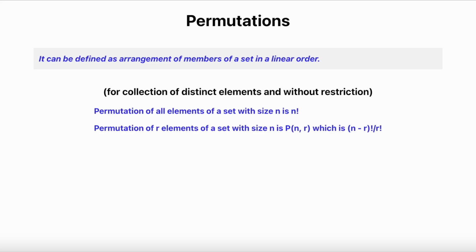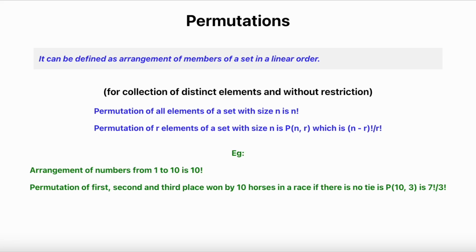Permutation of r elements of a set with size n is P of n comma r, which is n factorial divided by n minus r factorial. For example, arrangement of numbers from 1 to 10 is 10 factorial. Permutation of first, second, and third place won by 10 horses in a race, if there is no tie, is P of 10 comma 3, which is 10 factorial by 7 factorial.